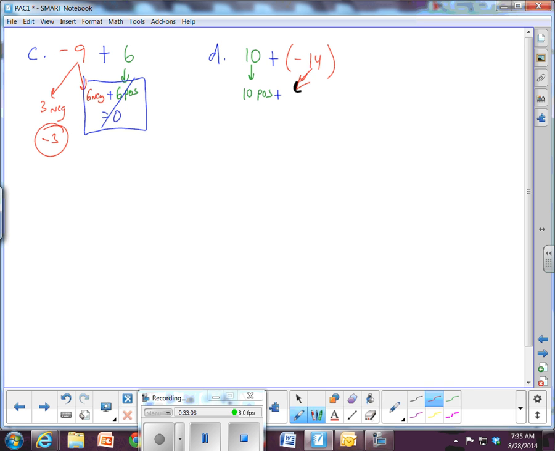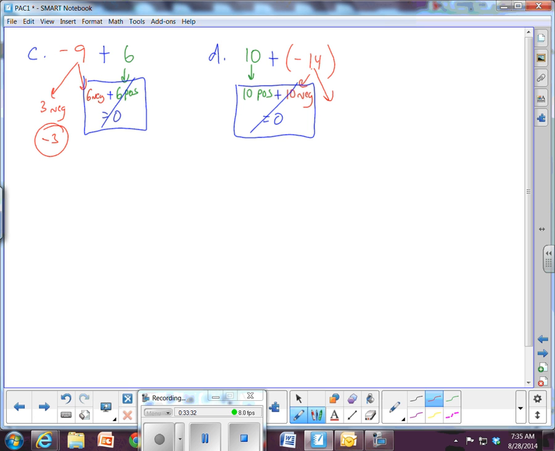But I am going to take then 10 of these 14 negatives, right? Going to take 10 of the 14 negatives. Now again, these are opposite numbers. So what are they always going to add up to? 0, and they're gone. Boom. Again, how do you finish? I used up 10 of the 14 negatives.